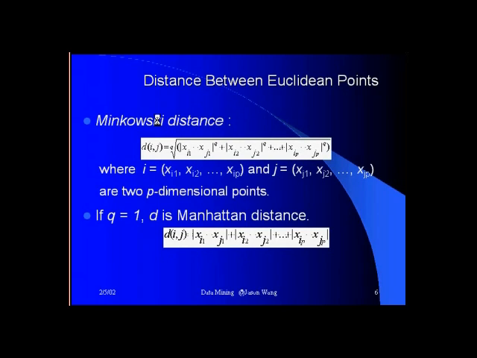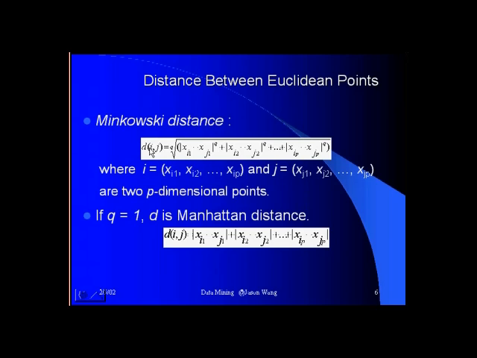The distance between 2 data points in the Euclidean space, where the point i has coordinates xi1, xi2, up to xip, and the point j, which is a vector, has coordinates xj1, xj2, up to xjp, and these 2 points are p-dimensional points in the p-dimensional Euclidean space. And that's how we define the Minkowski distance between these 2 points, i and j.